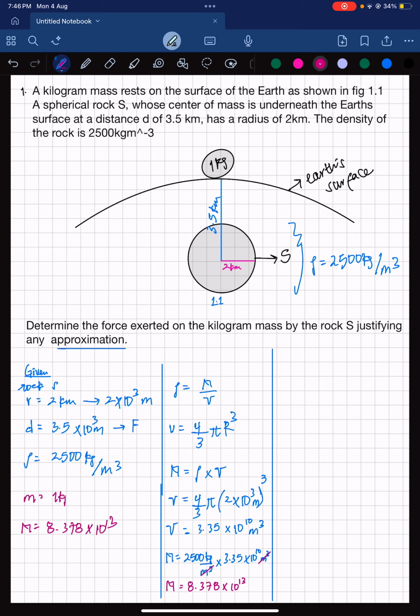So now we can find the force exerted on these two objects, and we know the formula, that is G, capital or big G, multiplied by the masses over the distance between those masses squared. The big G is 6.67 times 10 to the power of minus 11.